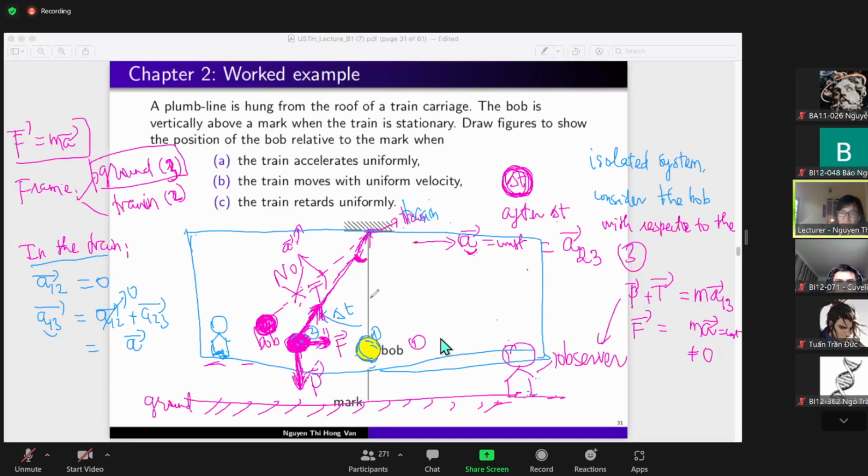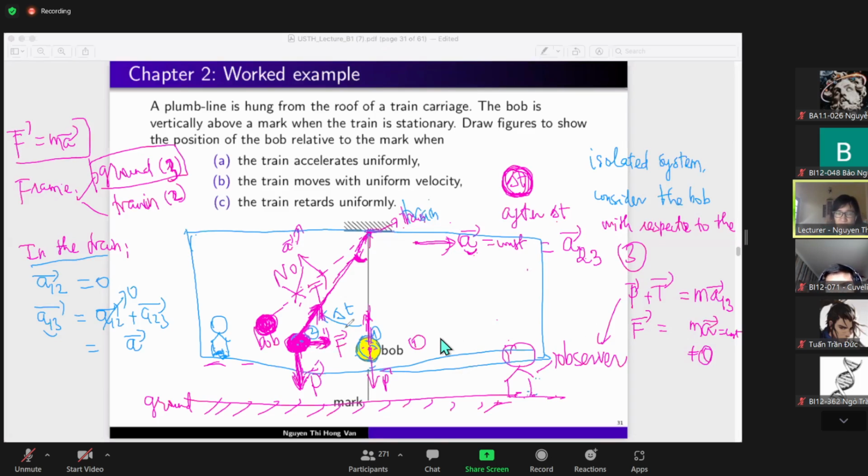In the case here, you have P, you have T, and the resultant force. So the direction of acceleration is horizontal, right? And in this case, A is zero. A is zero, you have this case. But if this one is not zero, it means you have to move. You have to move. And why left?